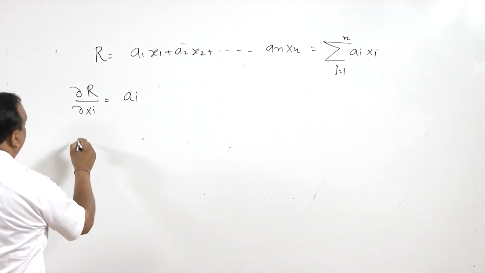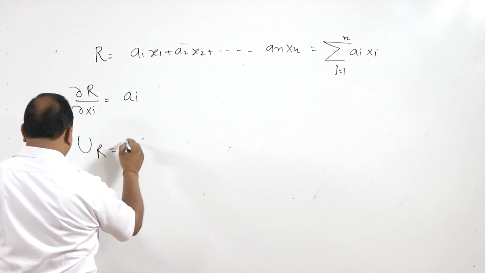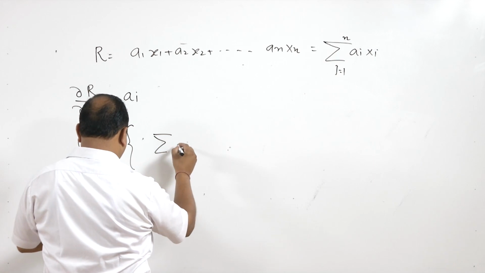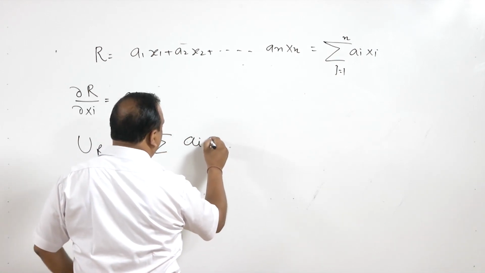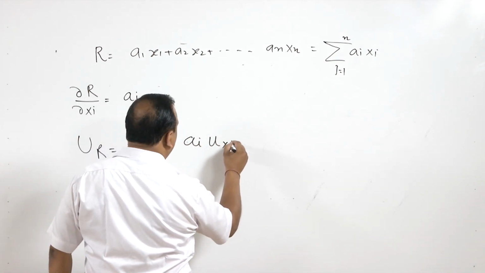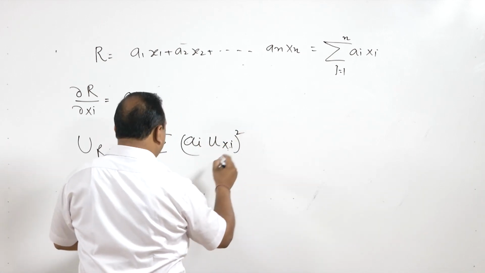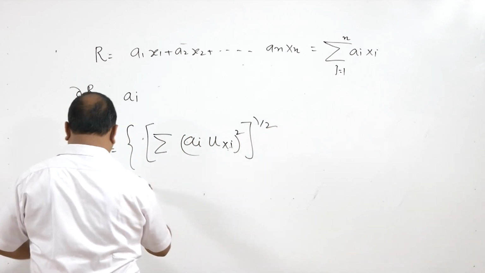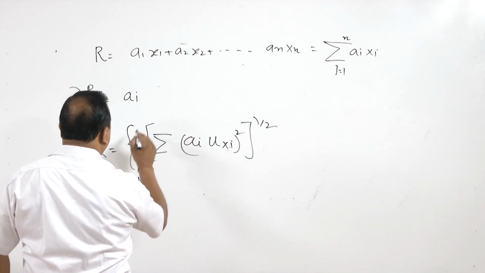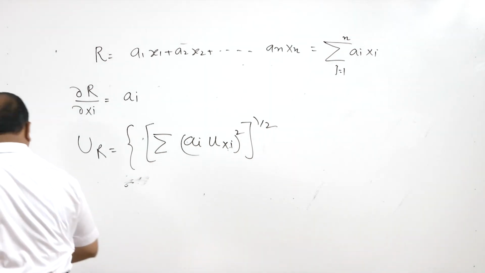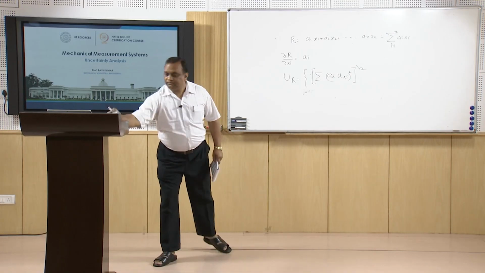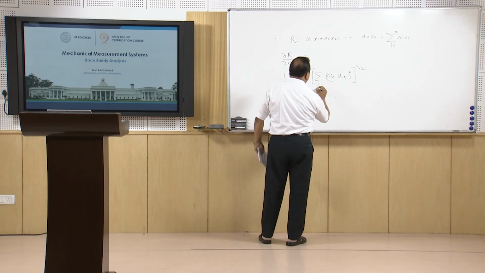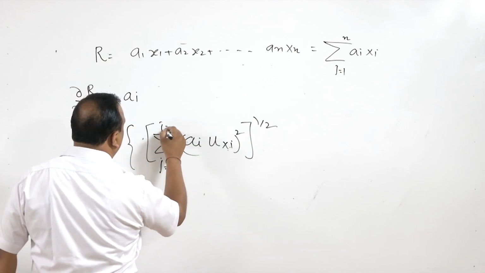So uncertainty in the measurement of R is going to be the sum of ai u xi whole square, raised to power 1 by 2, i equal to 1 to i equal to n.